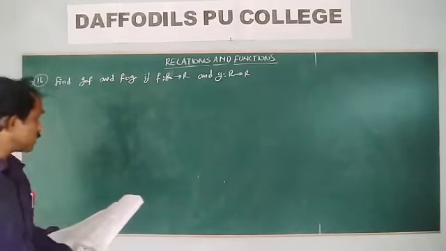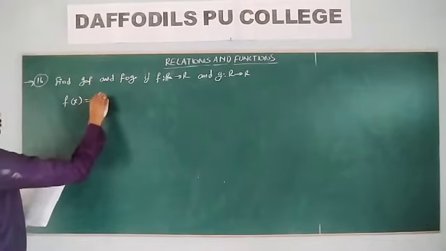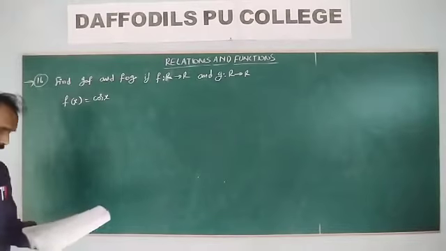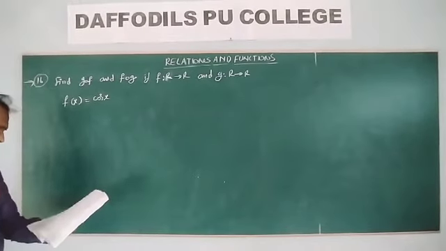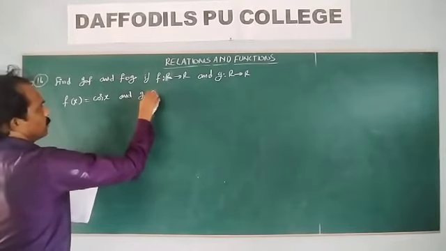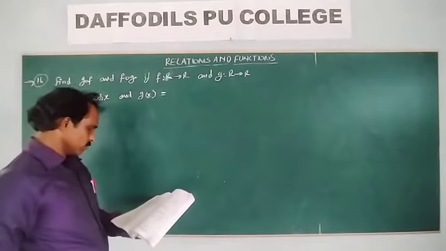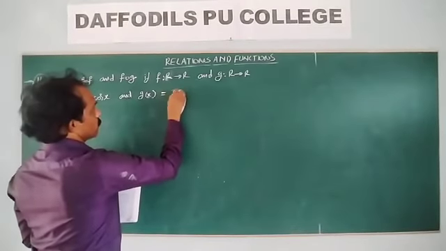Given by f of x is equal to cos x, and g of x is equal to 3x square.